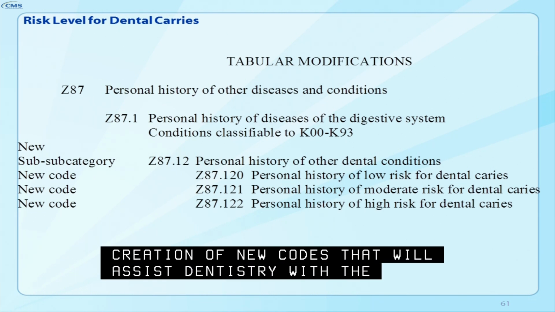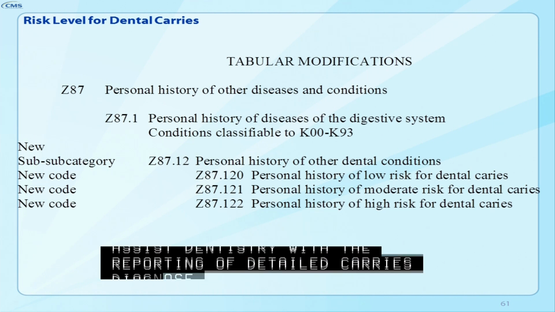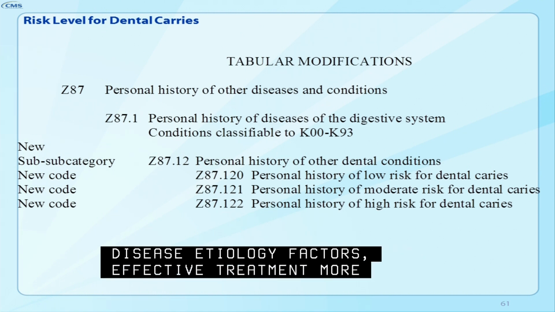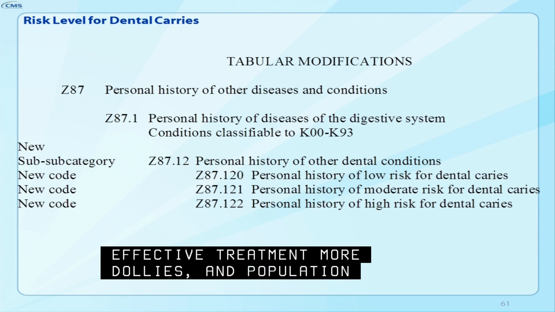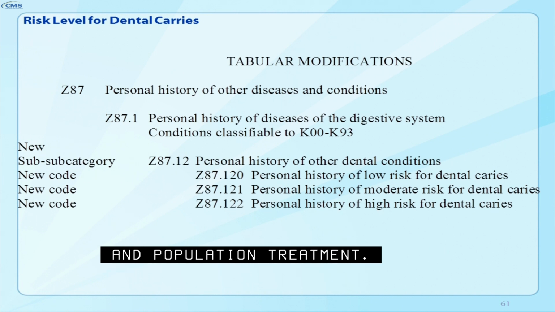These codes are needed to determine disease etiology factors, effective treatment modalities, clinical data collection, and population monitoring and research. The ADA is requesting the new codes for consistency with recognized terminologies and to uniquely identify caries risk levels that are not currently represented in ICD-10-CM.